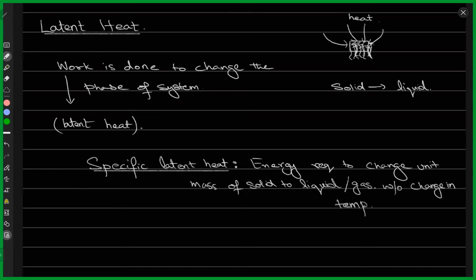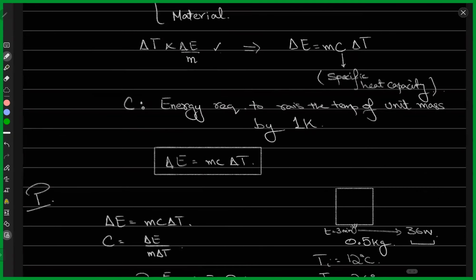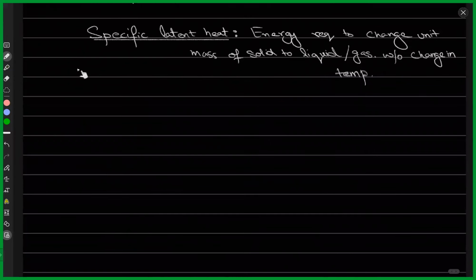So you can have specific latent heat, and now we'll just add two different words to this to define two different things. Specific latent heat of fusion means you're changing from solid to liquid. And specific latent heat of vaporization would mean that you're changing from liquid to vapor.